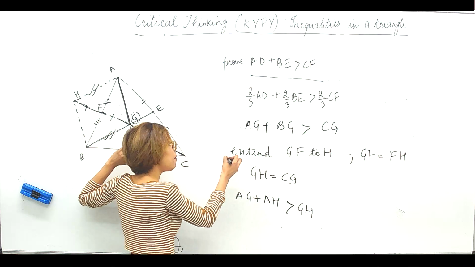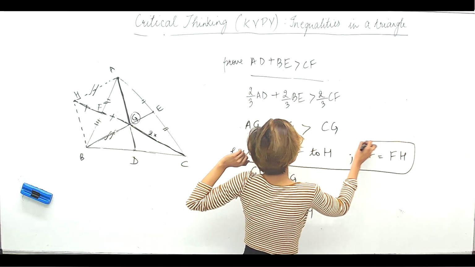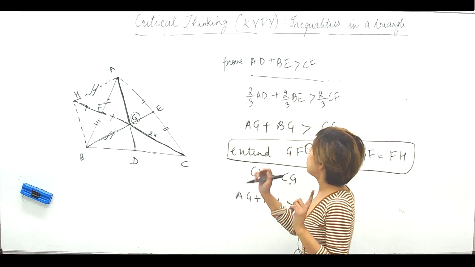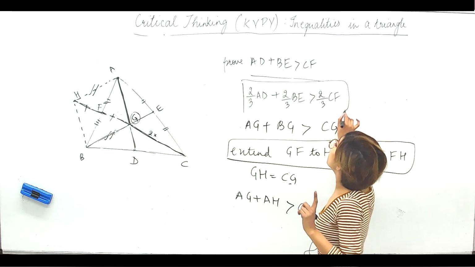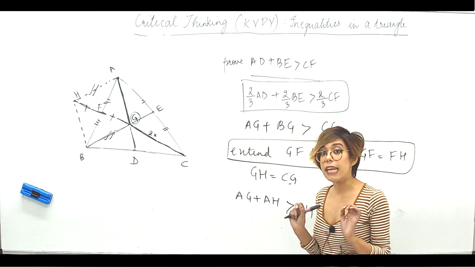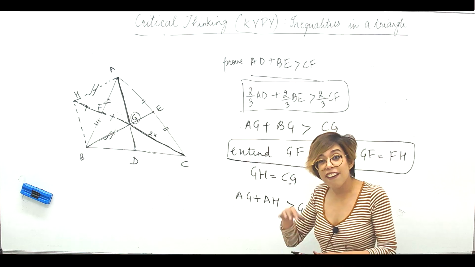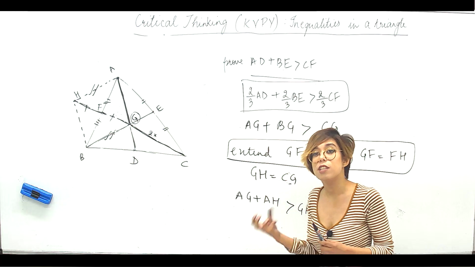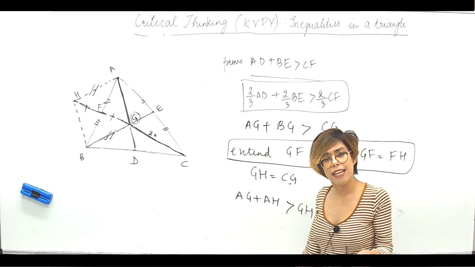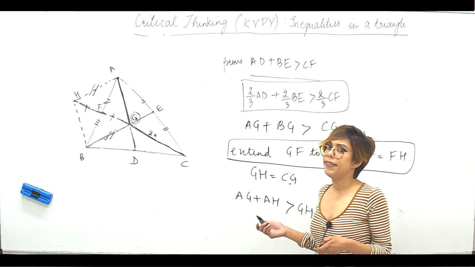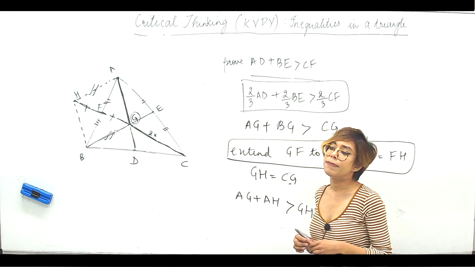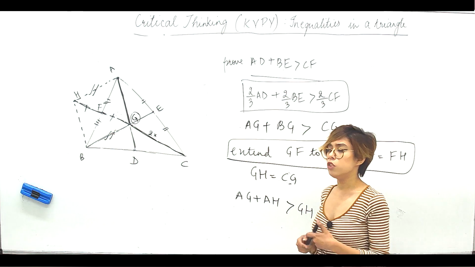So the step of construction was very important. Also, the importance of the centroid. It's a very nice point: it divides the median in a specific ratio. Utilize it. You have studied it in Class 9th. I will give you 5 seconds to just revise it.